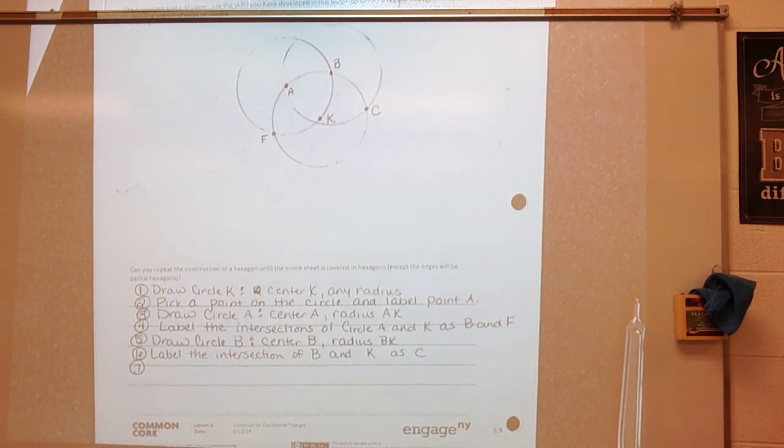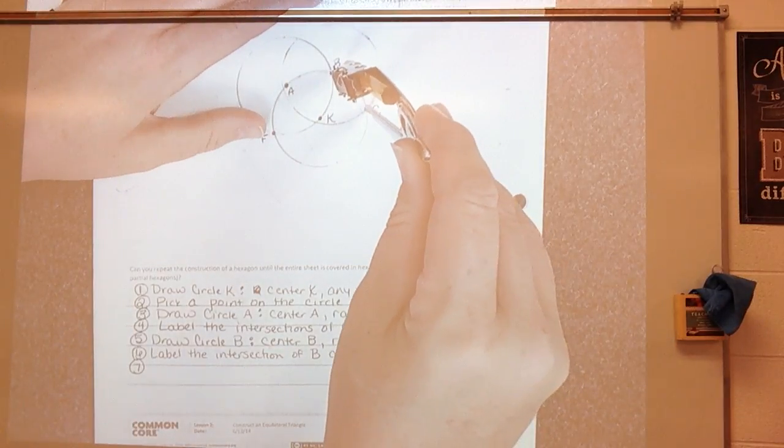Alright, so now we're going to continue to draw these. We've got to have 3 more points. Alright? So I need to continue to treat the intersection of each new circle with circle K as the center of a new circle. So now I'm going to draw circle C.